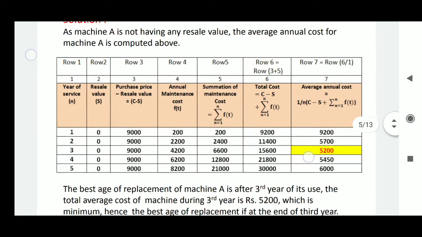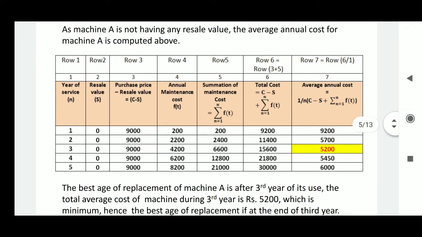See that in our given problem, the machine A has no resale value, that's why we have written the zero value in row 2, column 2. I have written row here by mistake, it should be a column.